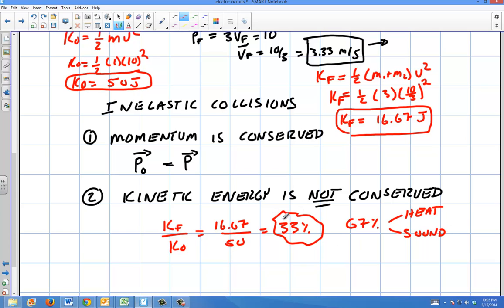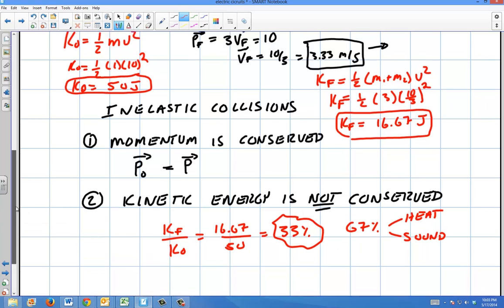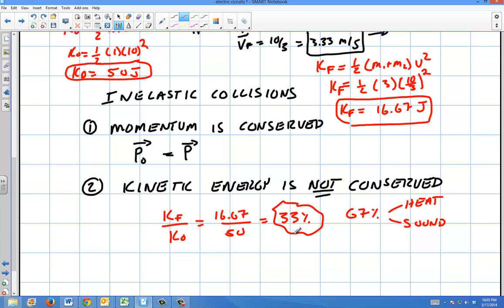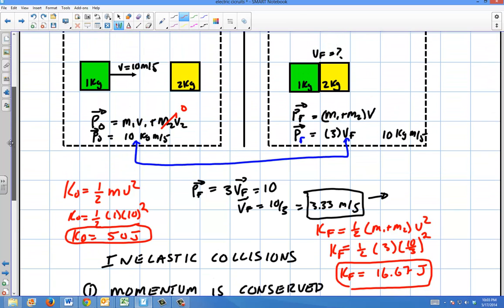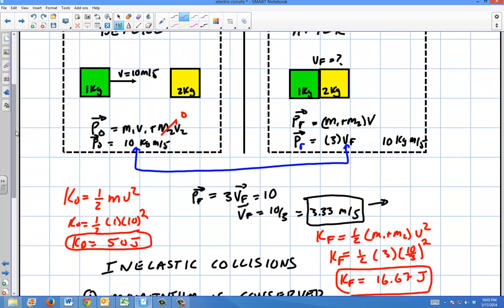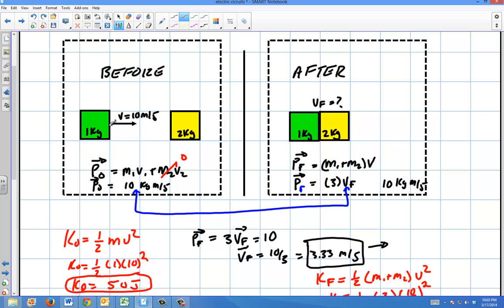Okay, so that's a hallmark of inelastic collisions. In fact, 33% is actually pretty high. A lot of times in inelastic collisions you'll get numbers almost like 0. Because remember, if I had two cars coming towards each other, they could have a lot of kinetic energy in the beginning and then they could just stop completely. They could go splat and there's no kinetic energy after, right?